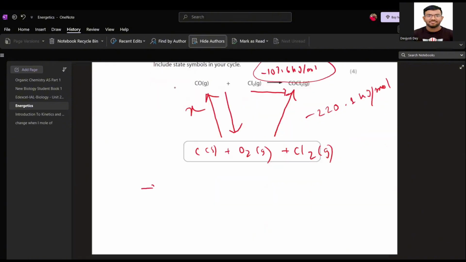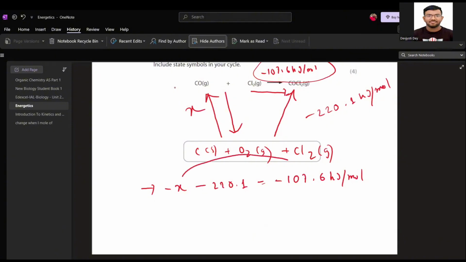So that would be negative x, then negative 107.6 kilojoule per mole. Sorry, yeah, negative x, a little bit of a mistake. Negative x, and then that would be negative 220.1 is equal to negative 107.6 kilojoule per mole.